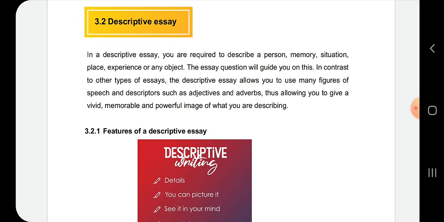In contrast to other types of essays, the descriptive essay allows you to use many figures of speech and descriptors such as adjectives and adverbs. You can use personification, maybe you are describing an object, so you personify that object, just to give your reader a clear understanding of what exactly you're talking about.